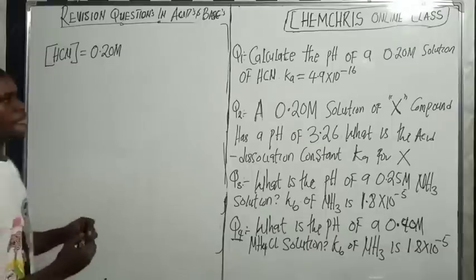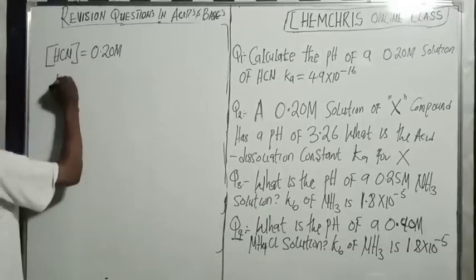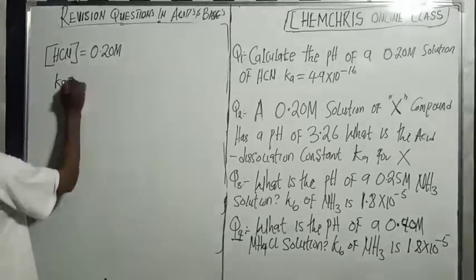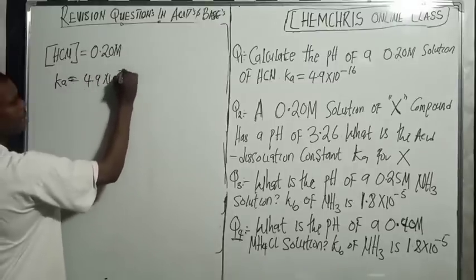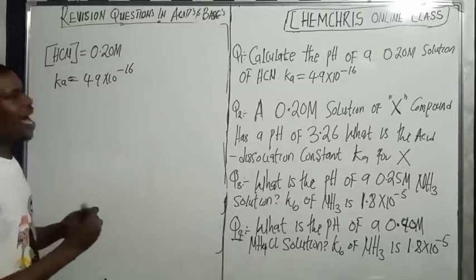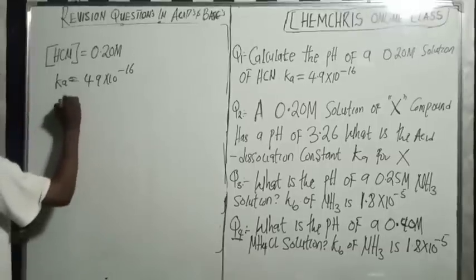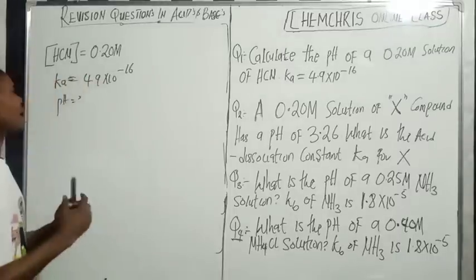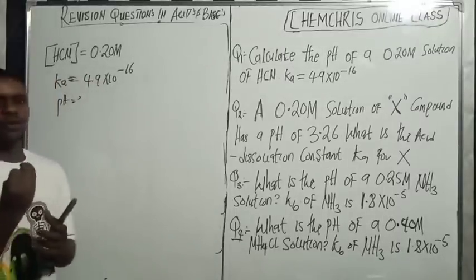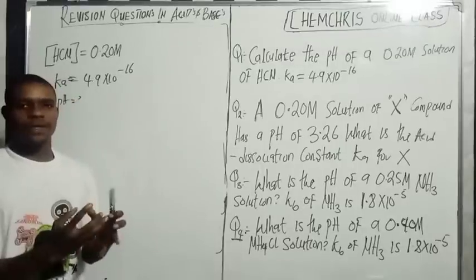Can you see that? Ka was given to me to be 4.9 exponential minus 16. They're asking for the pH. Therefore, we want to calculate the concentration of H plus.